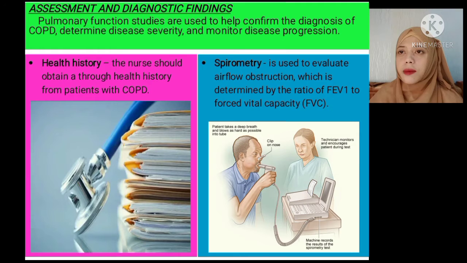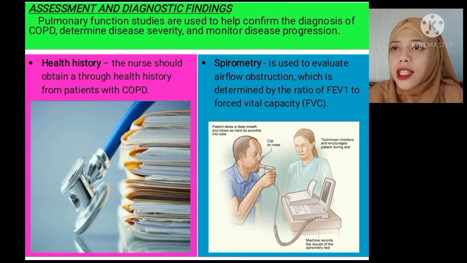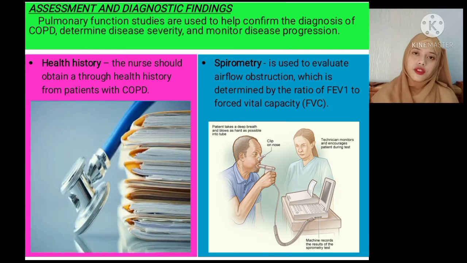Next is assessment and diagnostic findings. Pulmonary function studies are used to help confirm the diagnosis of COPD, determine disease severity, and monitor disease progression. So first is the health history. The nurse should obtain a thorough health history from patients with COPD. So first, for the assessment, you need to assess the health history and also do a physical assessment of the patient.